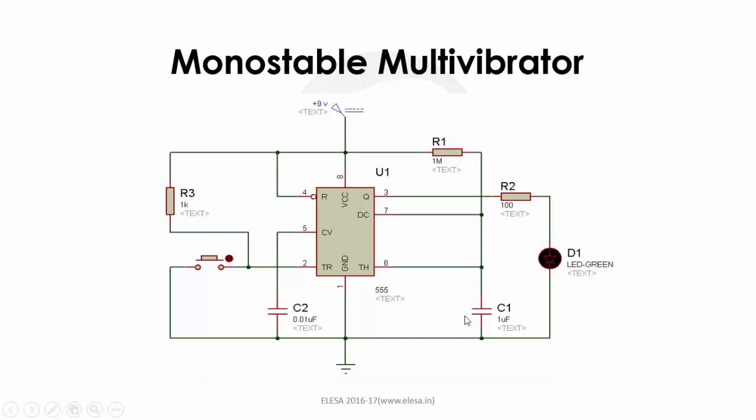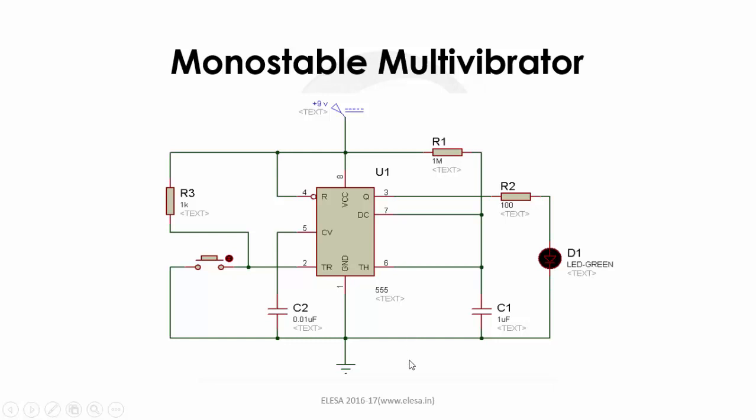As we know, when voltage at the second pin of IC555 goes below 1/3 VCC, output becomes high. This high state is the quasi-stable state. This trigger causes the transition from stable to quasi-stable state. So when we press the button, voltage at the second pin becomes less than 1/3 VCC and output becomes high as the RS flip-flop sets.